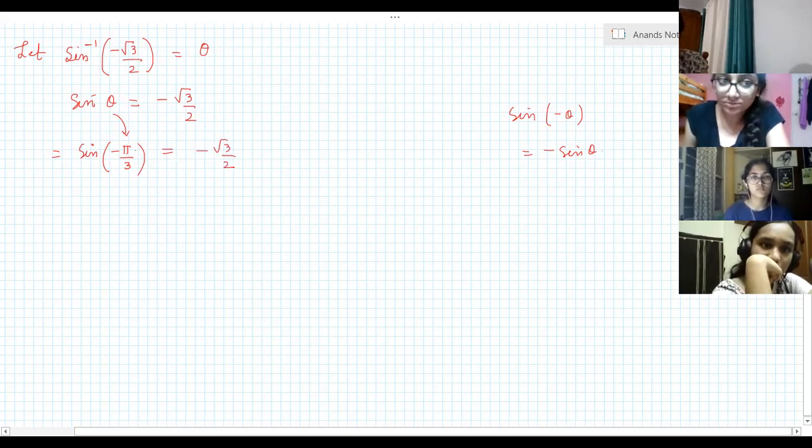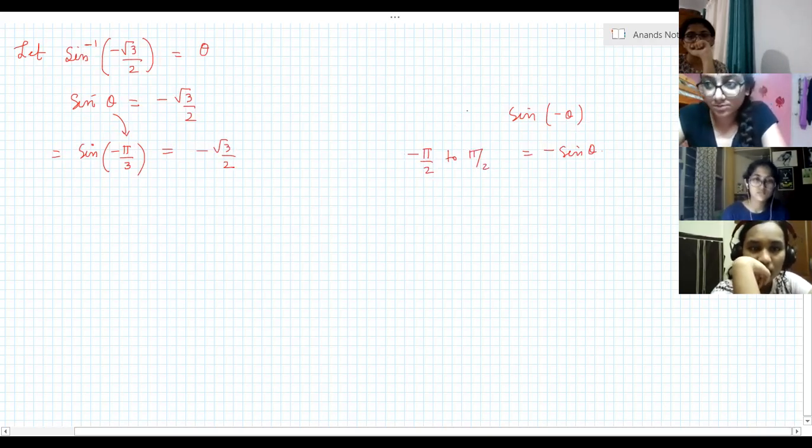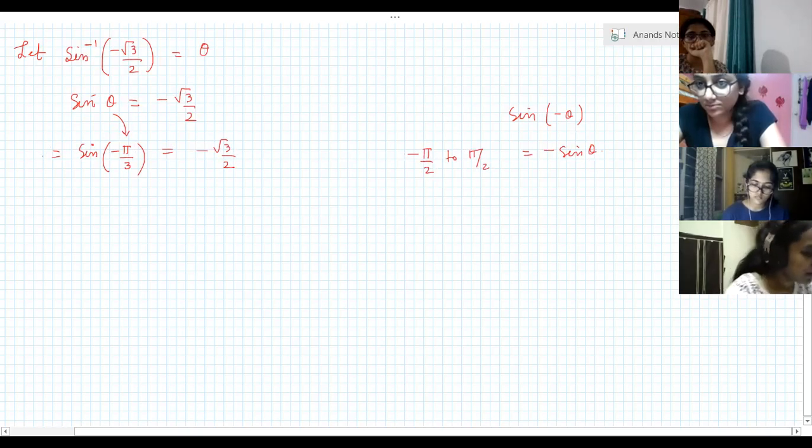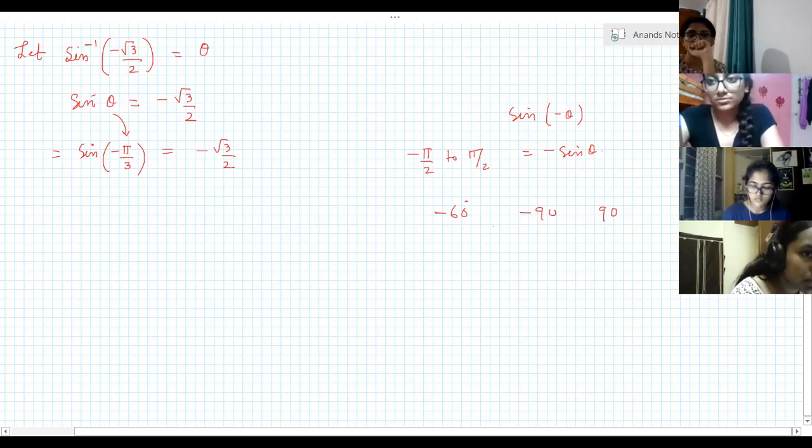But now you see, is this minus pi by 3 belonging to the interval minus pi by 2 to pi by 2? Quickly check that. This is minus pi by 3, which means minus 60. Yes, minus 60 is between minus 90 and 90. You keep it as minus pi by 3 if you want, or if you're comfortable, convert it and assess.